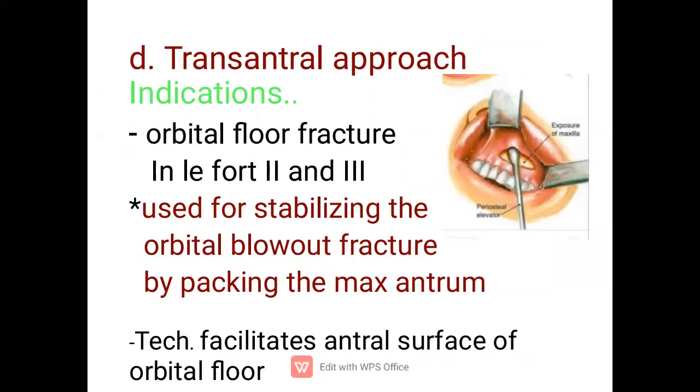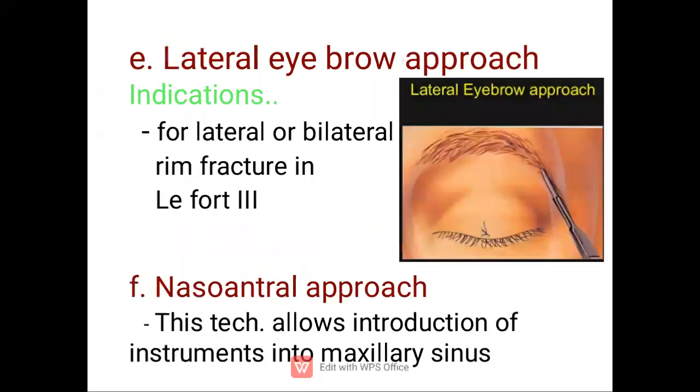Now indications of this approach are orbital floor fracture in Le Fort 2 and Le Fort 3, and it is used for stabilizing the orbital blowout fracture by packing the maxillary antrum, and this facilitates access to the antral surface of the orbital floor. Then lateral eyebrow approach. Indications of this approach are for lateral or bilateral rim fracture in Le Fort 3.